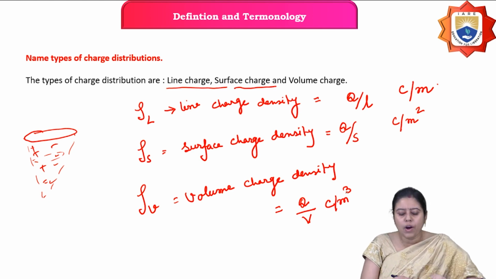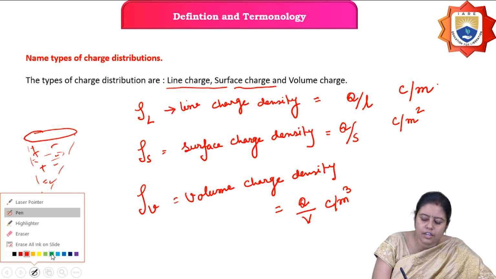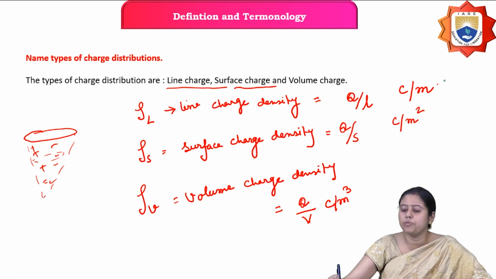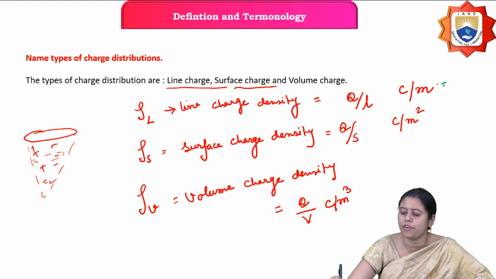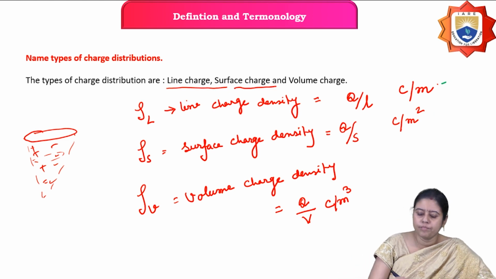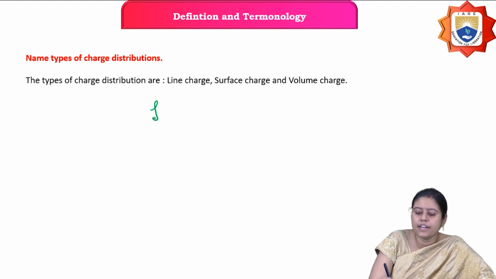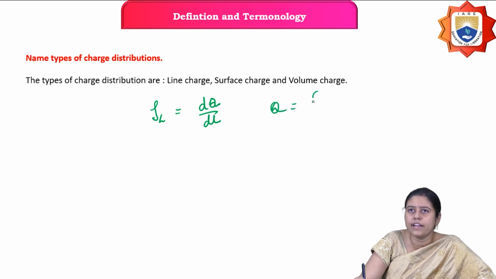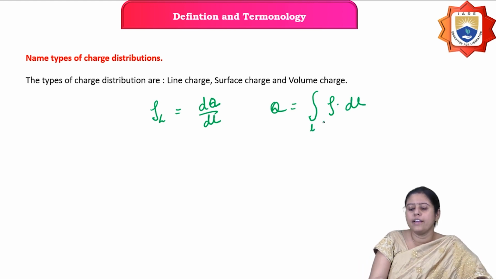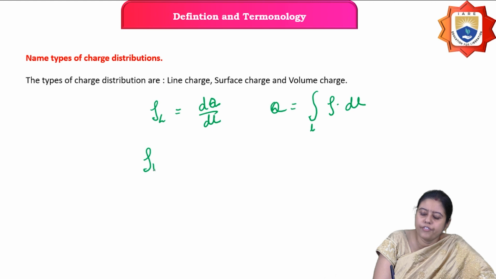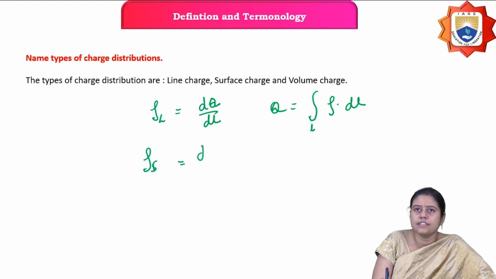Now, if we want to write it in differential form, in the differential form, rho L is equal to dq by dl. So Q is the integration of rho L dl along the line. The surface charge density rho S is dq by ds.